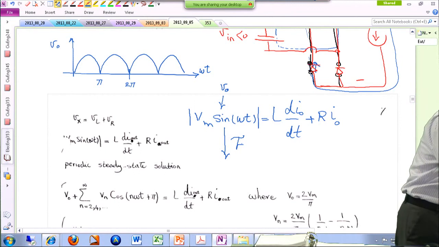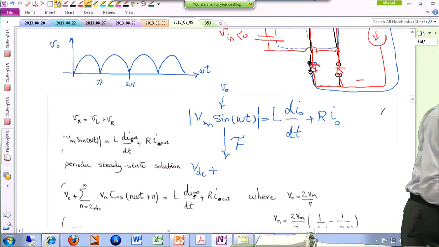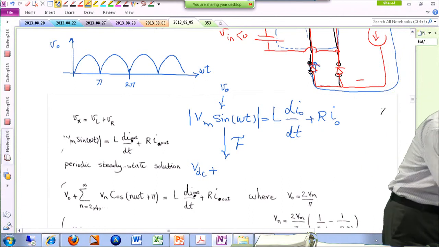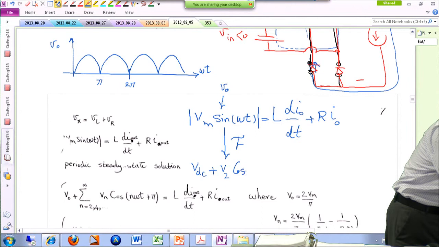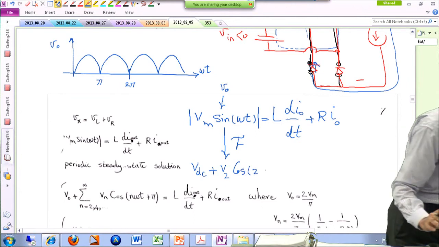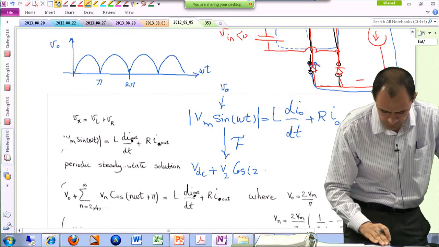So I can say this signal is the equivalent of a DC value, or harmonic at zero frequency, plus V2 cosine of 2 omega t, or maybe sine. Okay, it's a cosine. Let me see if I have sine or cosine.